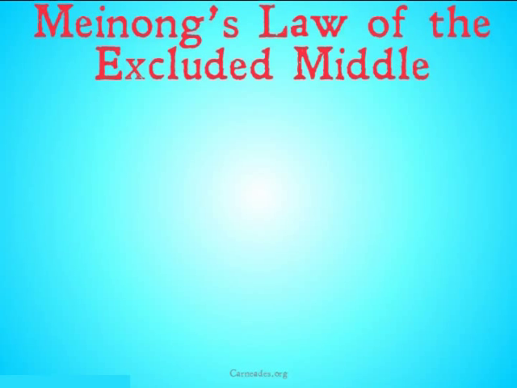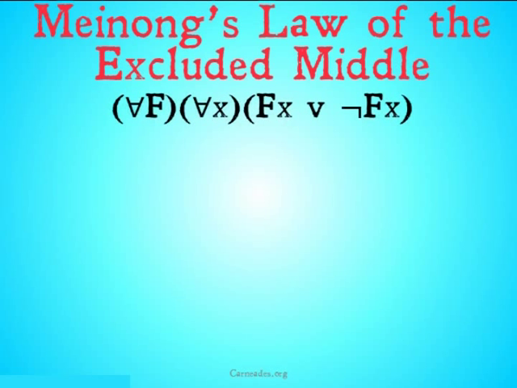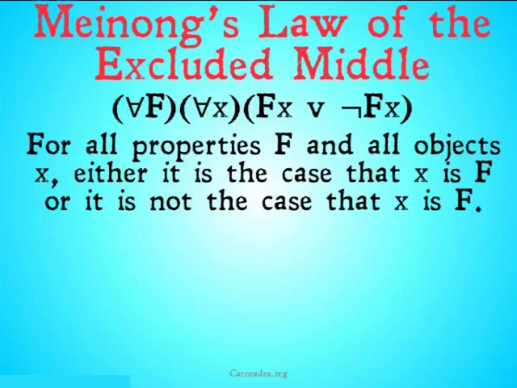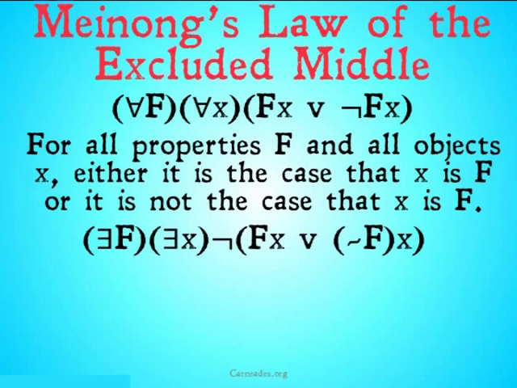As I mentioned earlier, Meinong is also going to have to re-examine the law of the excluded middle. The version of the law of the excluded middle that Meinong will accept goes as follows. For all properties F and all objects X, either it is the case that X is F or it is not the case that X is F. However, he's also going to assert the following claim.